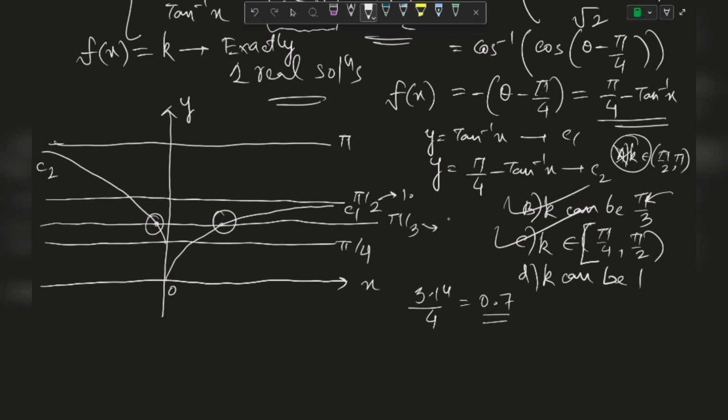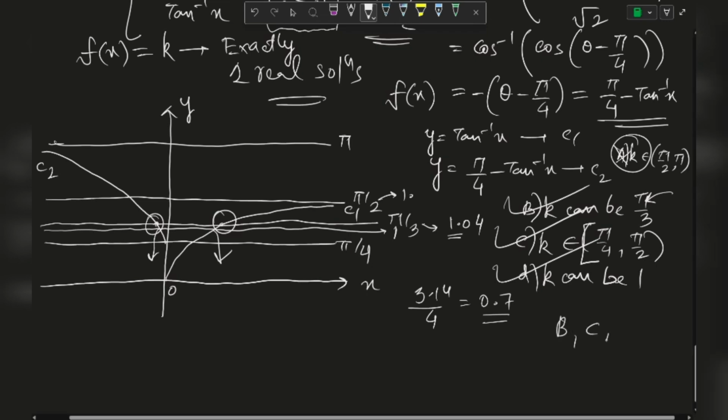If this is pi by 3, this is 1 point something, I guess 1.04. So 1 will lie somewhere here. Even in that particular case, this has two intersections and thus two real solutions. So option D is also correct. So the correct options to this question will be B, C and D.